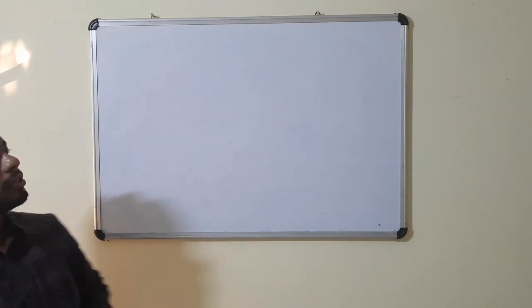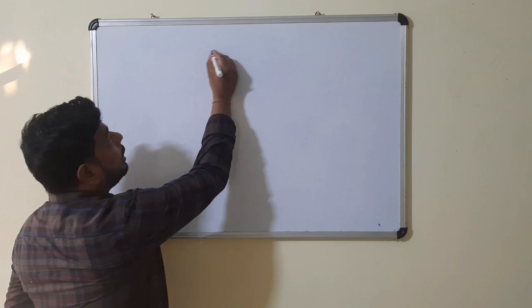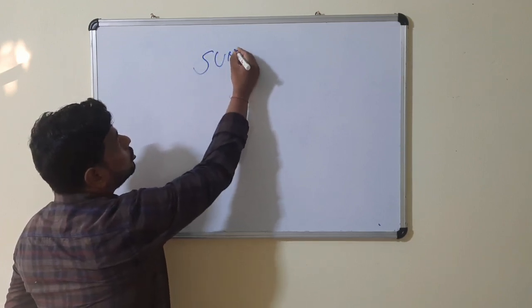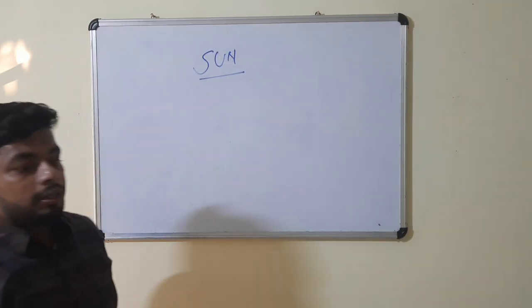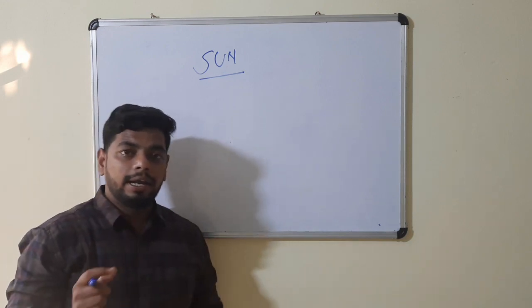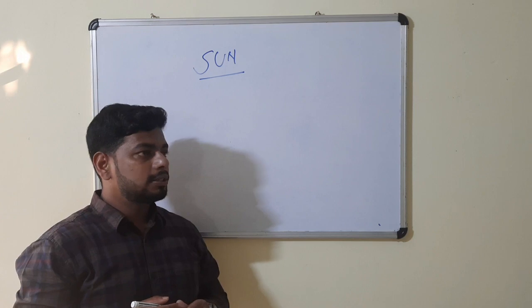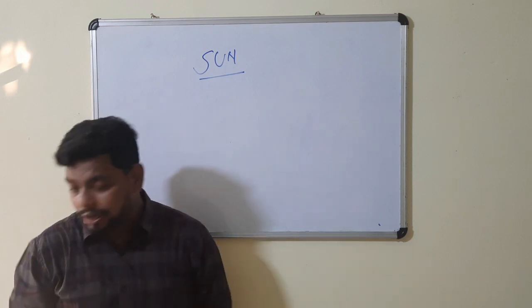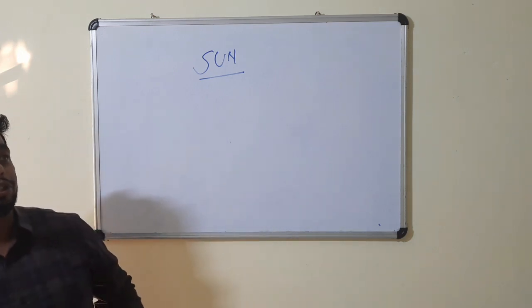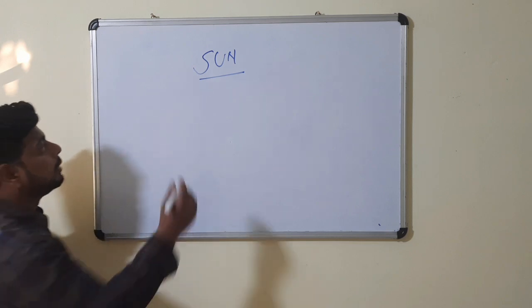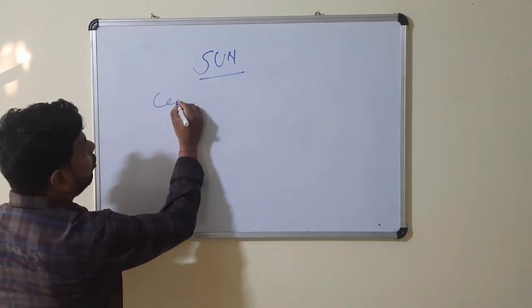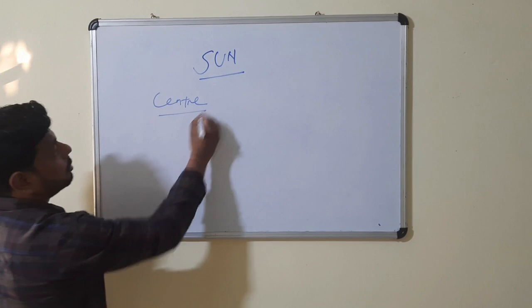In this class we will learn in detail about the sun. The sun is a star, a hot glowing ball of gases, located at the center of our solar system.